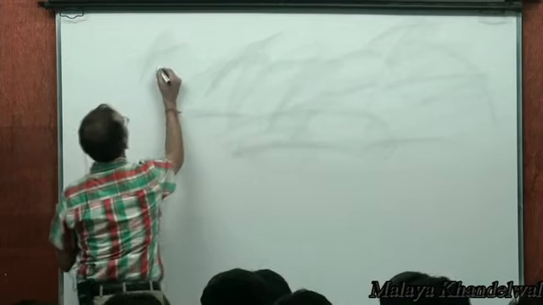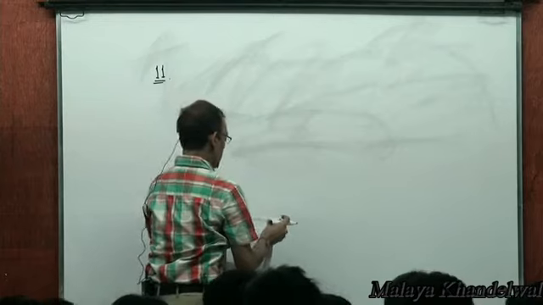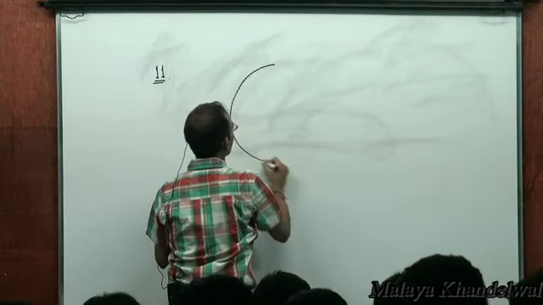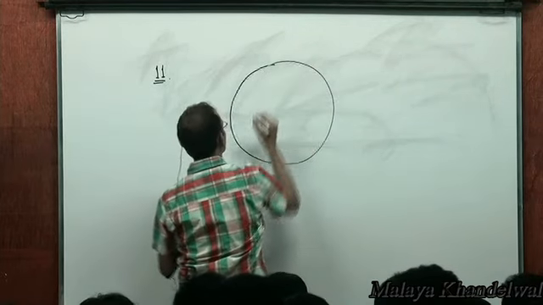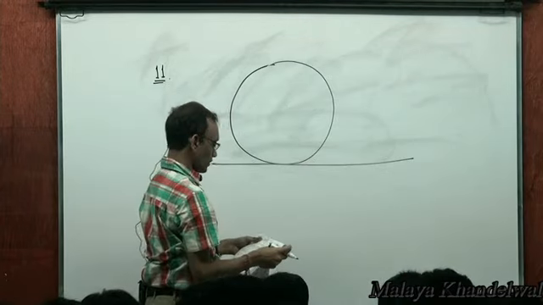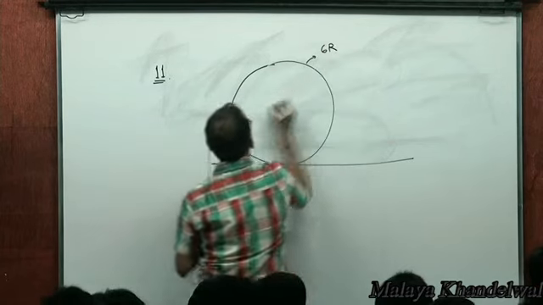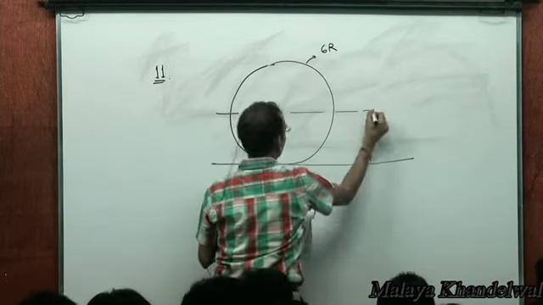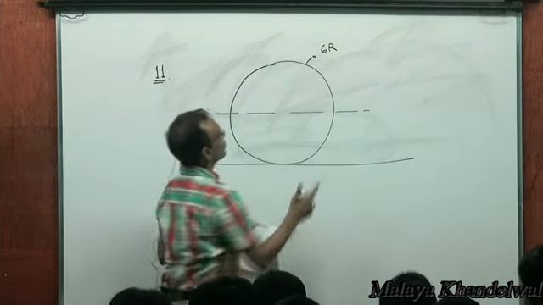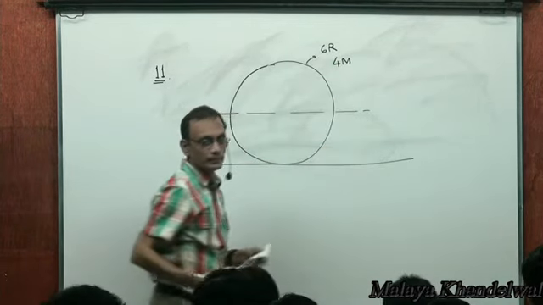Problem 11. There is a smooth spherical shell of radius 6r and of mass 4m, right?